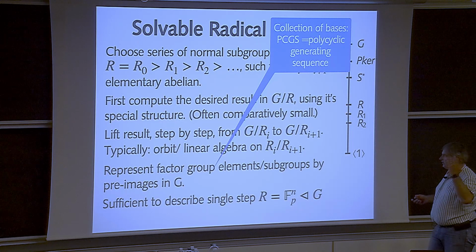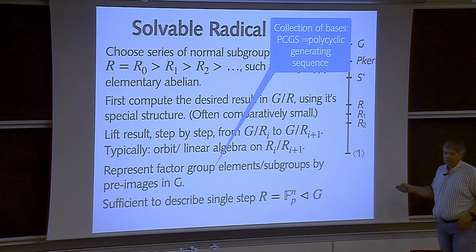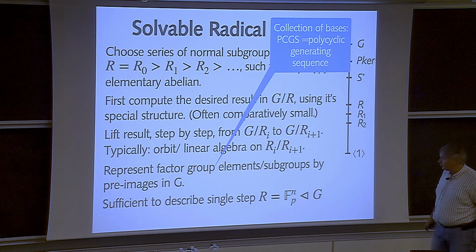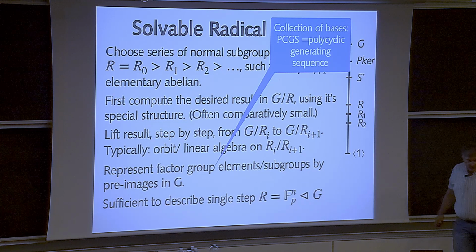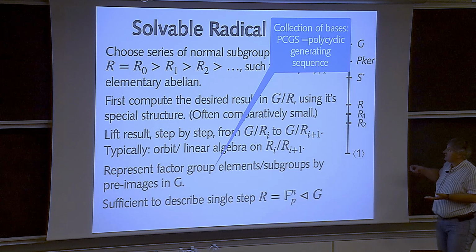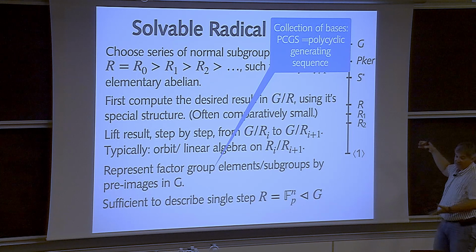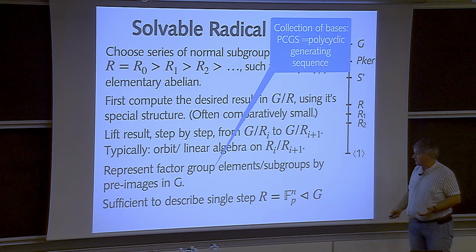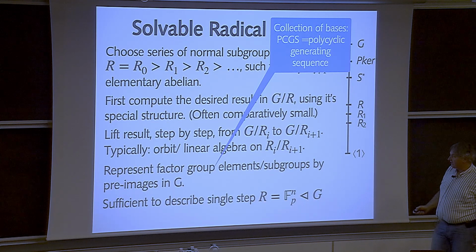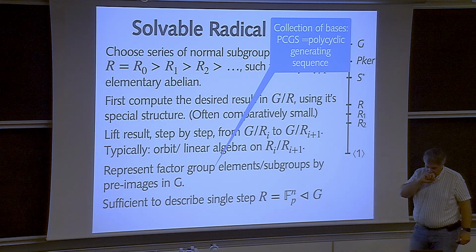And if you worry about representing factor group elements, basically, I can always work with pre-images in the full group. For describing such algorithms, because this is now an inductive process over multiple steps, it's enough to understand one step. So the situation is the case that the radical itself would already be elementary abelian.